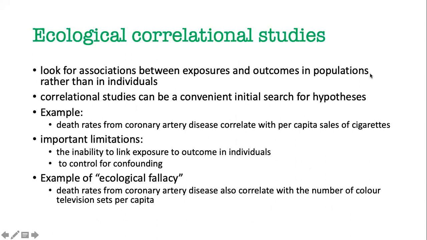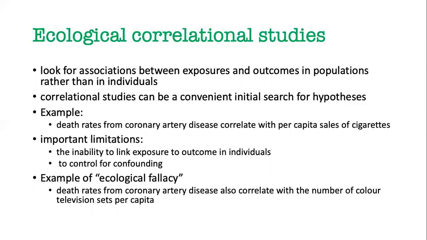So another, remember that descriptive study also describe populations. So the type of descriptive study that describe populations are ecological correlational studies. So ecological correlational studies look for associations between exposures and outcomes in populations rather than individuals. So large scale ito.